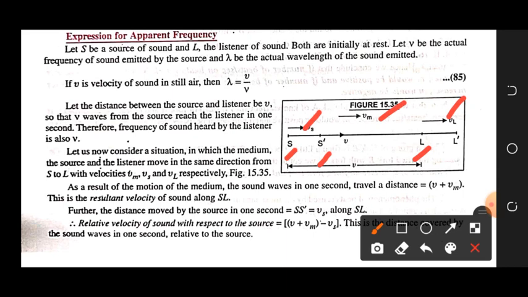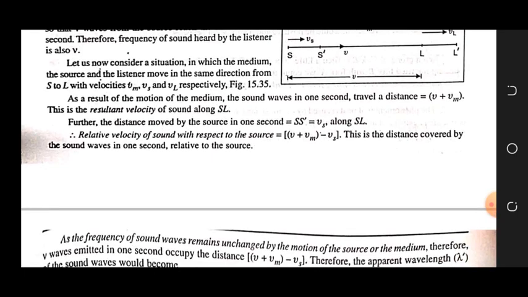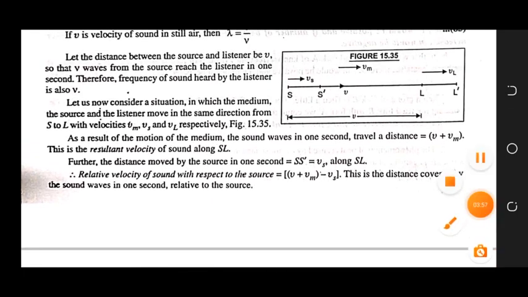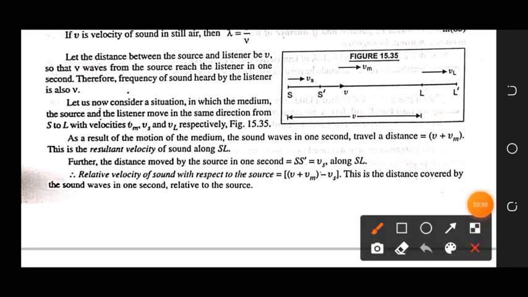Next, the distance moved by the source in 1 second, SS dash, is equal to vs. We take the velocity as the distance because we are taking time 1 second. This is along SL again.